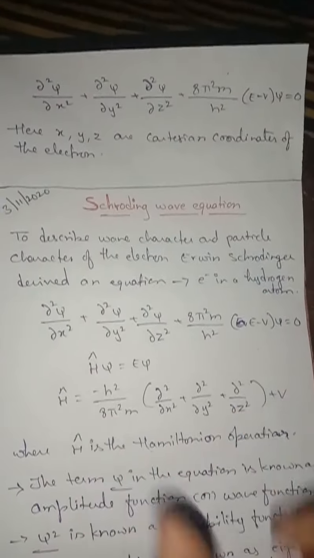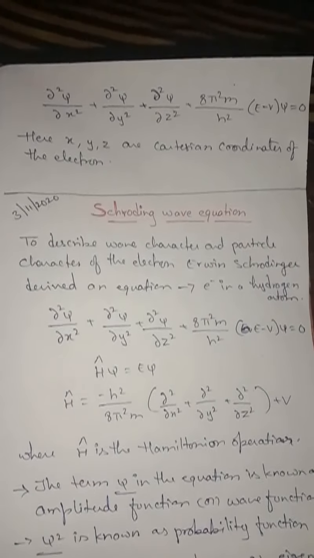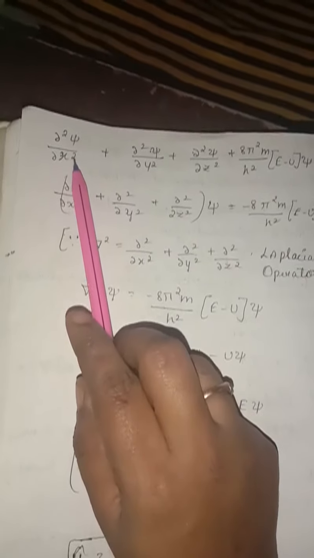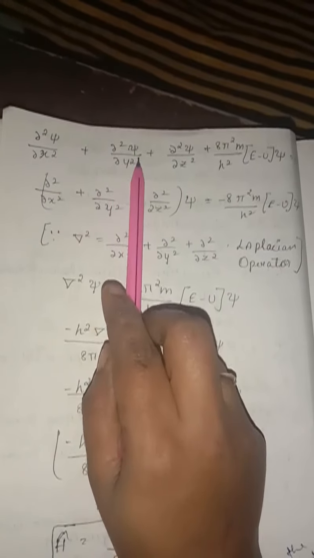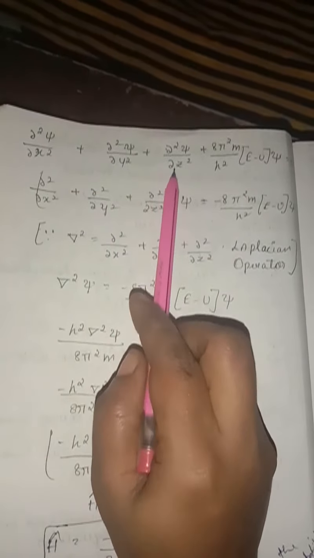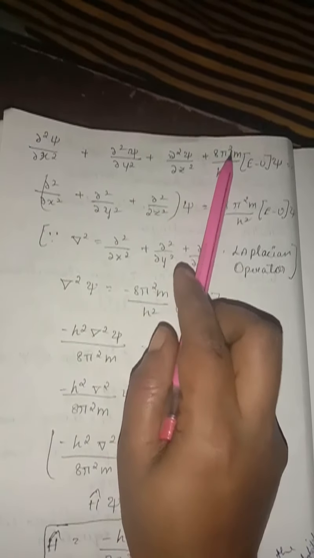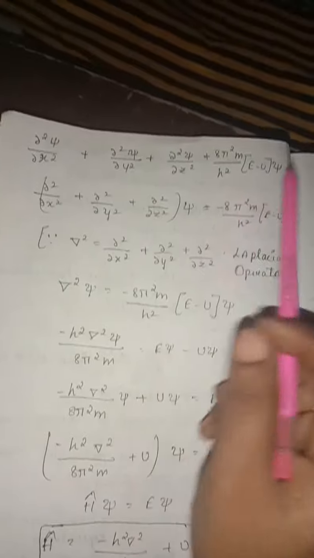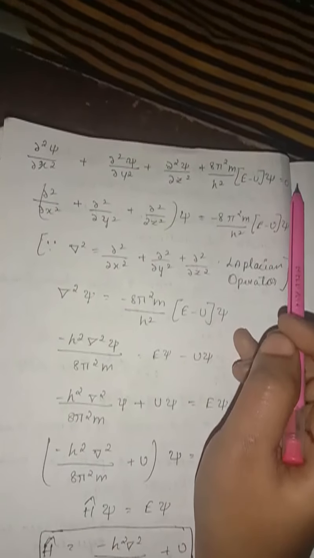So how did we get this equation? Now I am going to derive it. Look here, children: dou square psi by dou x square plus dou square psi by dou y square plus dou square psi by dou z square plus 8 pi square m by h square into (E minus V) into psi equal to 0.